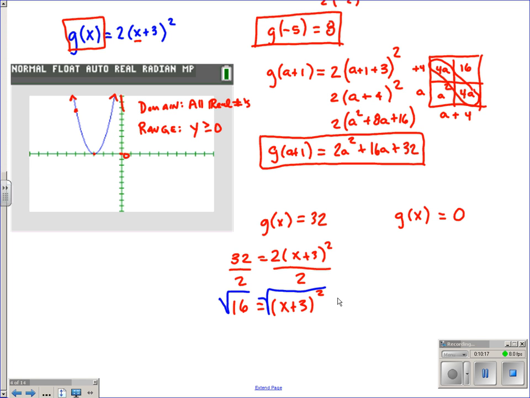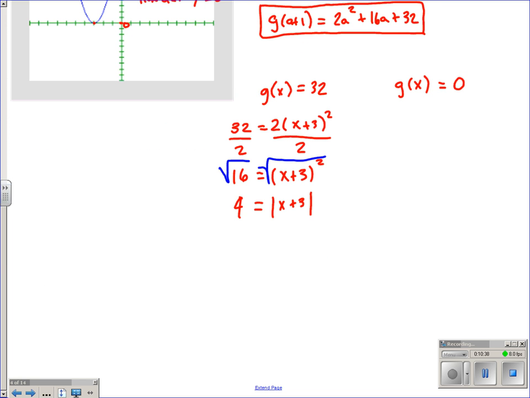Now, the square root of 16 is 4. And the square root of the quantity of x plus 3 squared, we can't forget, is the absolute value of x plus 3. A lot of people forget that.